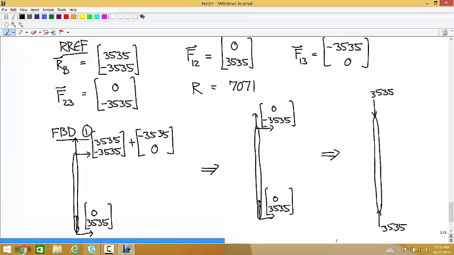This member is the only two-force member, so going into it, if you happen to spot that, the forces have to be equal and opposite and along the line between them, and that's what we got once we went through all the calculations.